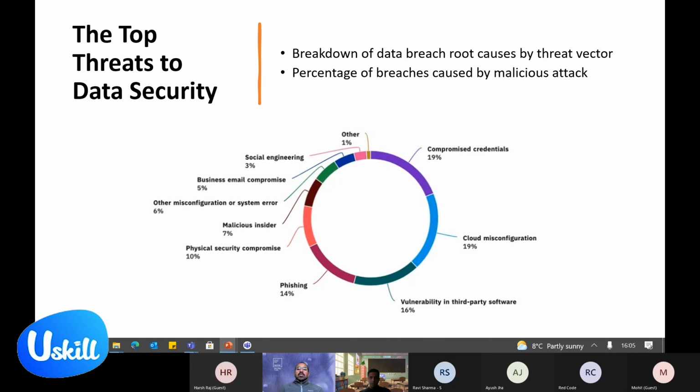So cloud misconfiguration is another attack vector through which hackers are able to exploit n number of data from various organizations. Another one that also plays a very big part is third-party software. For example, an Apache version, or you may have heard about the many zero-day vulnerabilities which keep coming.